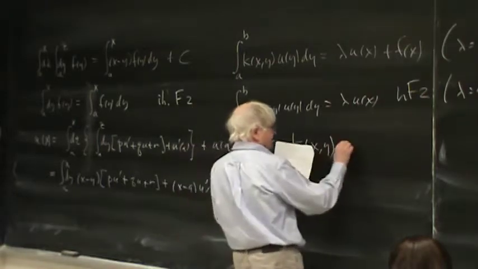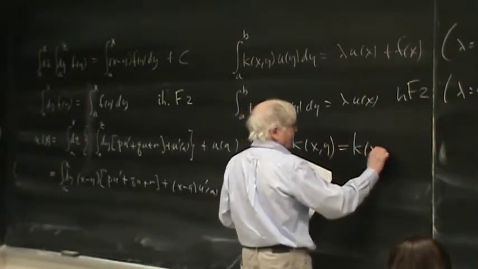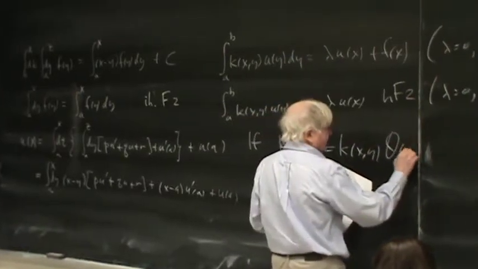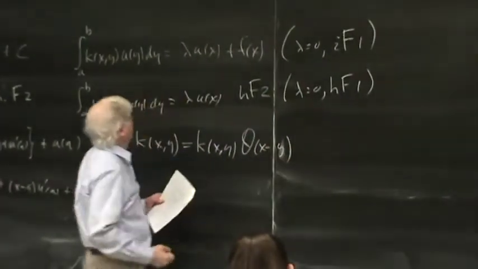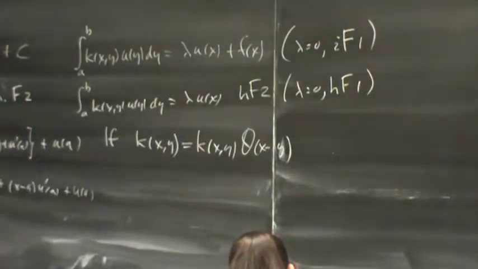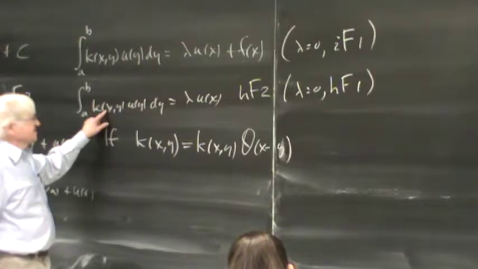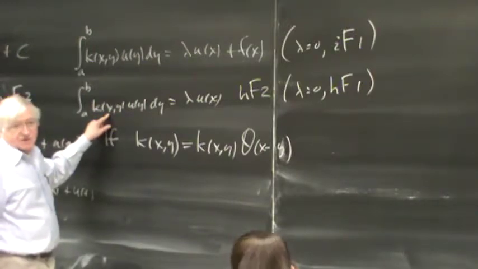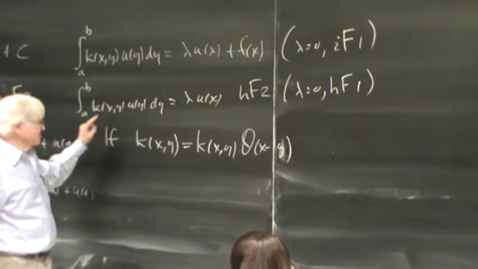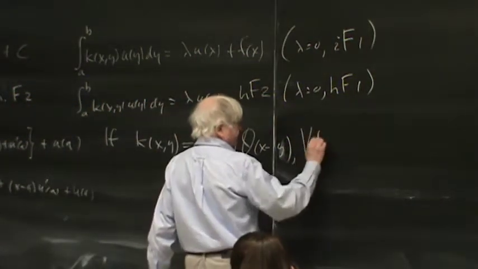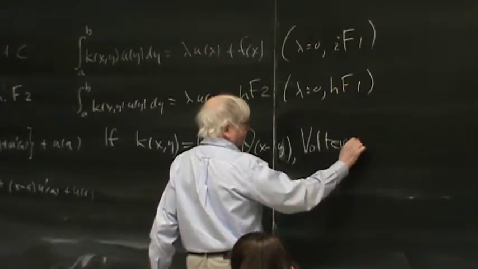That is to say, if it is equal to k of x and y times theta of x minus y. Well, what this says then is that y contributes to x only if y is lower than x. And so this is causal. Volterra.